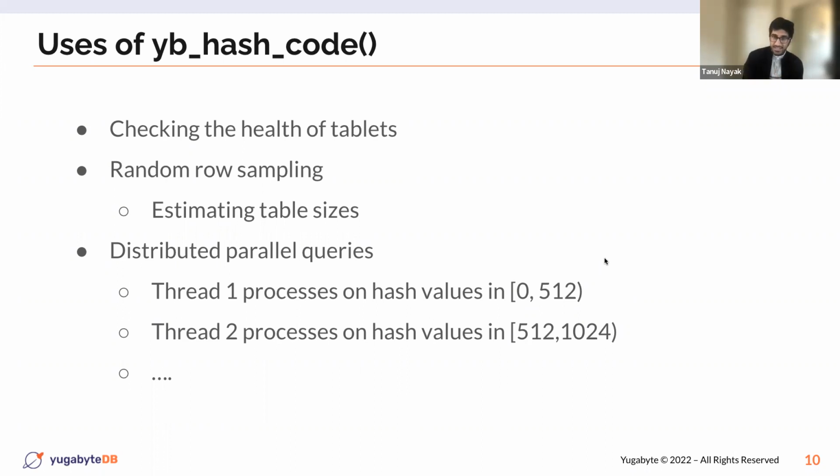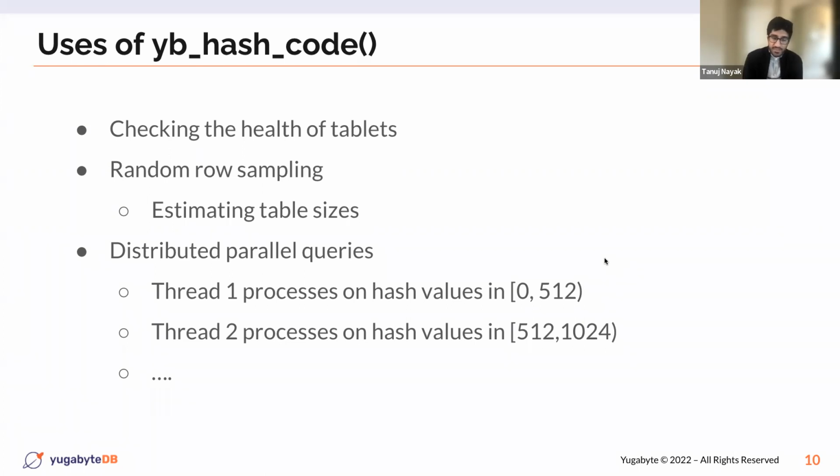Another nice use case is it allows you to randomly sample rows, since you can point anywhere on the table in the hash space. This allows you to do nice statistical things, such as estimating table sizes, estimating averages from a sample chunk of your table data, and really a lot of statistical aggregates. Last but not least, you can launch distributed parallel queries with this.